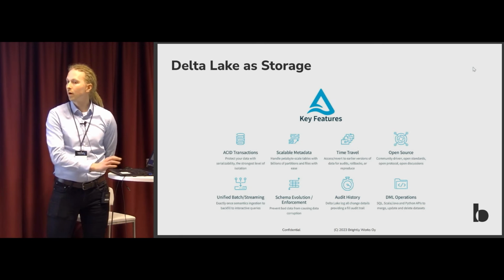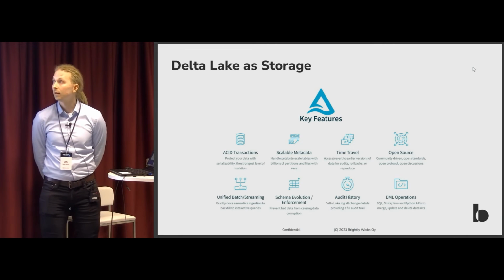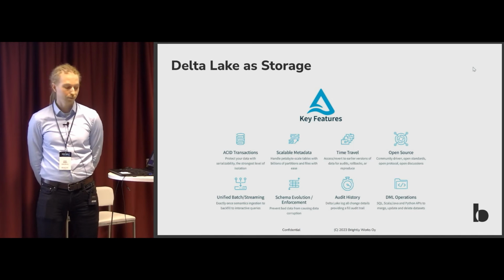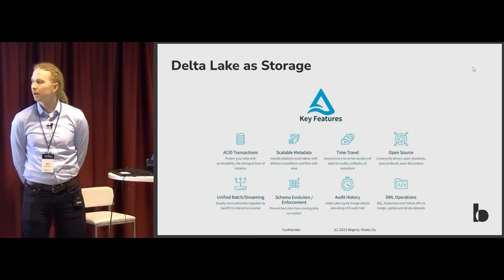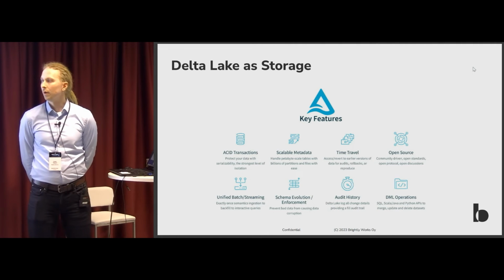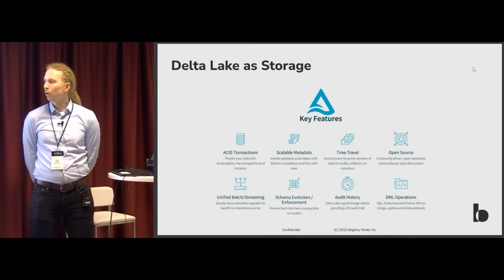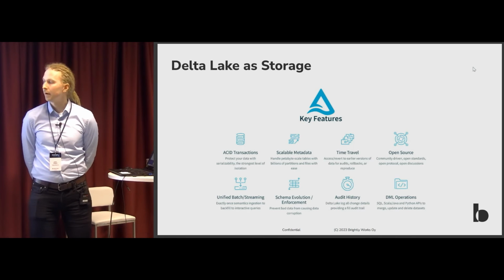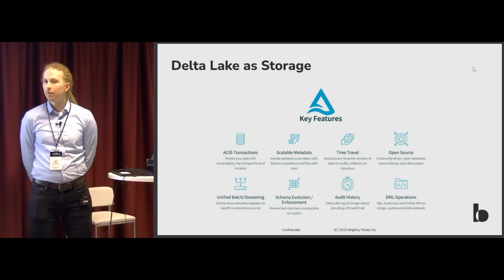So if Spark is the computation, then Delta Lake is the storage. So the key features are basically ACID transactions, so it's similar to ordinary databases. And scalable metadata, so it supports very large tables, like petabyte scale, and time travel.